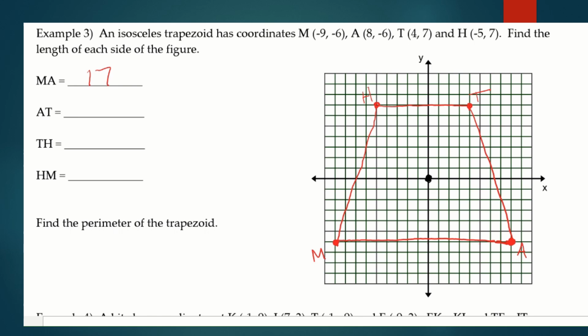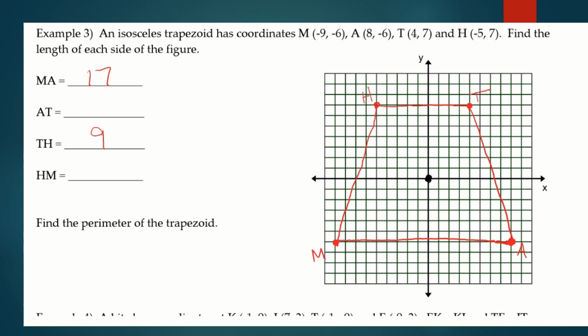Now, from T to H, 1, 2, 3, 4, 5, 6, 7, 8, 9. All right. Now, AT and HM, this is an isosceles trapezoid because those two side lengths are the same. So to find one of those side lengths to start, let's go ahead and create a right triangle.